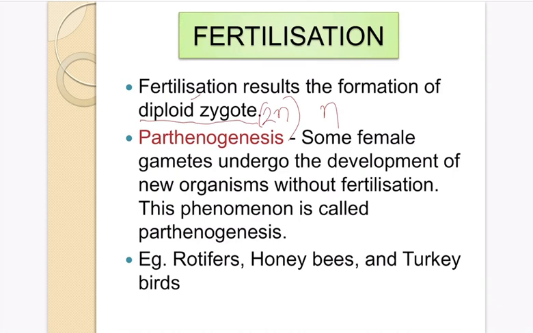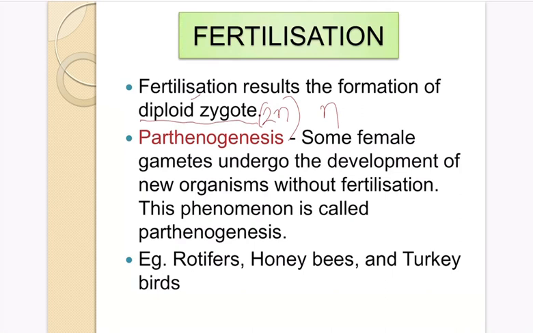So fertilization, we can say, is the complete and permanent fusion of 2 gametes from different parents or from the same parent to form a diploid zygote. This process is also called syngamy. Yesterday we said syngamy and fertilization, both are same.